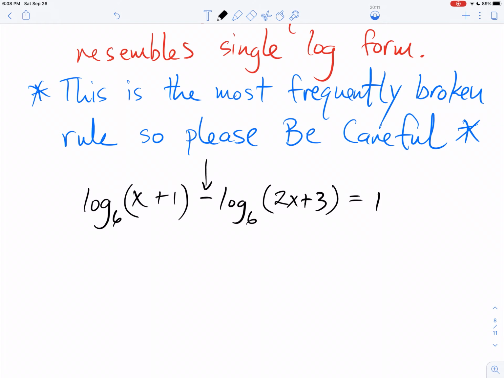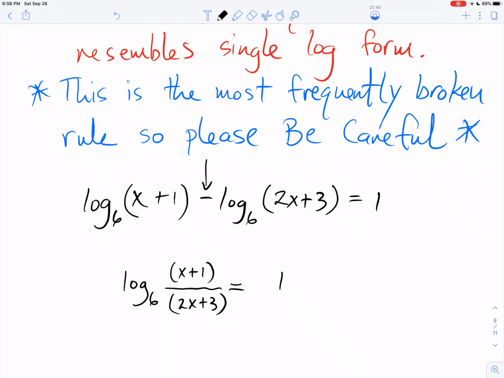If I have log of something minus log of something else, I can rewrite it as a single log, but I would say this stuff divided by this stuff. I know you know this. When you are subtracting two logs, this is called the quotient law. I can rewrite it as division. That's the sneaky trick we use.